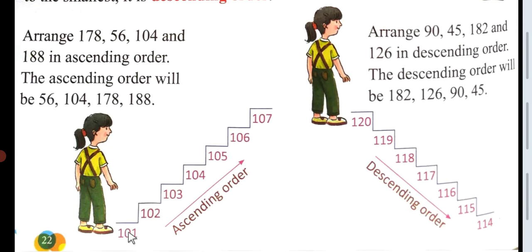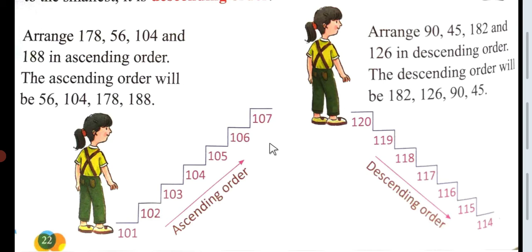You can see here ascending order: 101, 102, 103, 104, 105, 106, 107. So from small to big is ascending order. And for descending order you can see 129, 119, 118, 117, 116, 115, 114. So this is descending order.